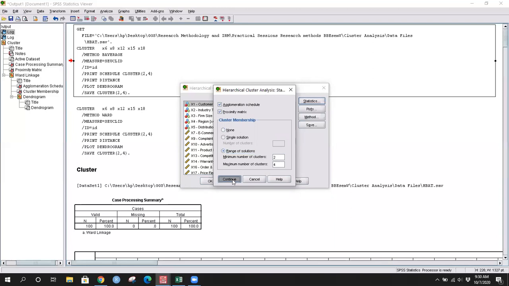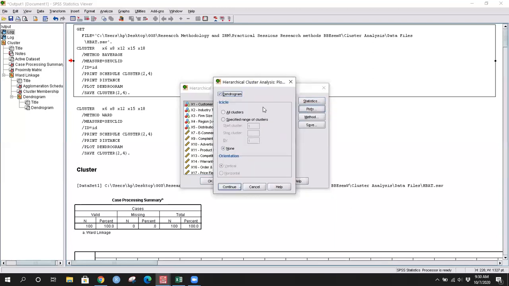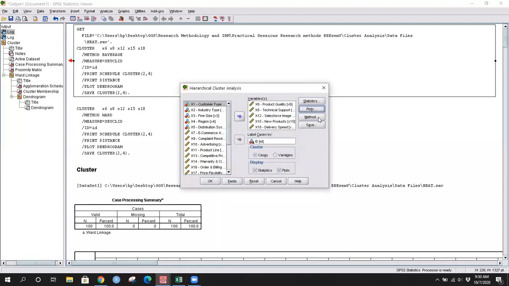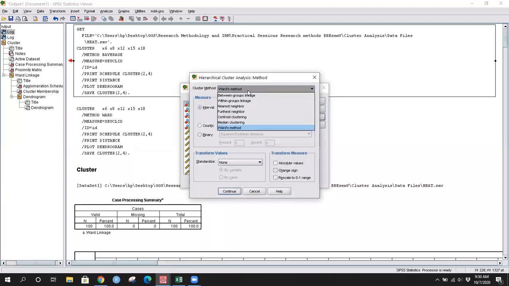Okay, then Continue, Plots, Dendrogram, Continue, Method, Cluster Method. As I said, cluster analysis will be performed on the basis of some method. There are several methods, to be honest. You can see between-groups linkage, within-groups linkage, nearest neighbor, all of these.